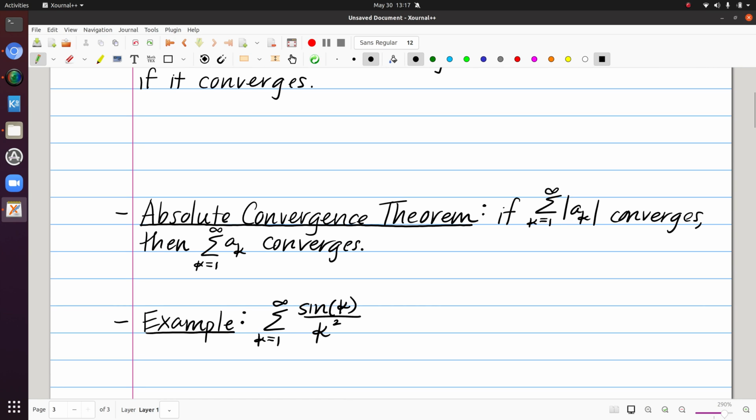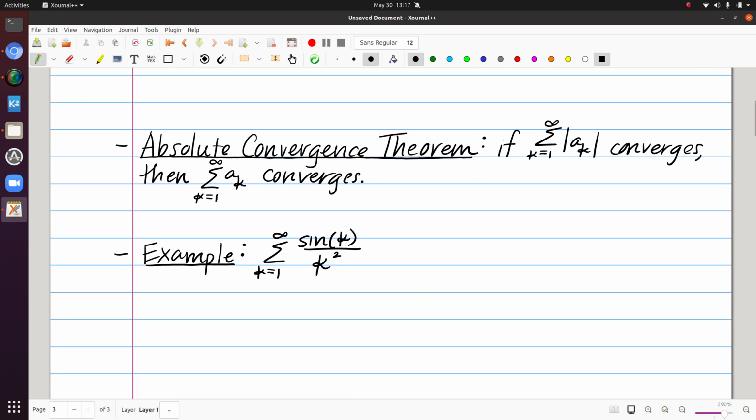In our example, we're going to think of this as a sub k. So we want to know if this series converges. What we can say is that in this instance, if I take the sum of the absolute value of this series, my hope is that I can show that this converges, and then the absolute convergence theorem tells us that the original one does.